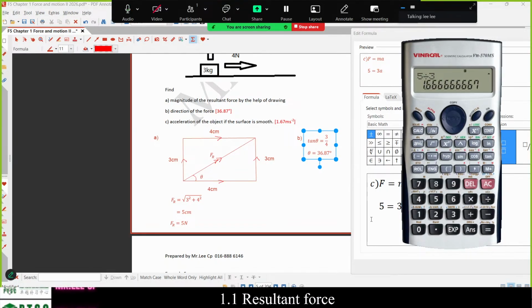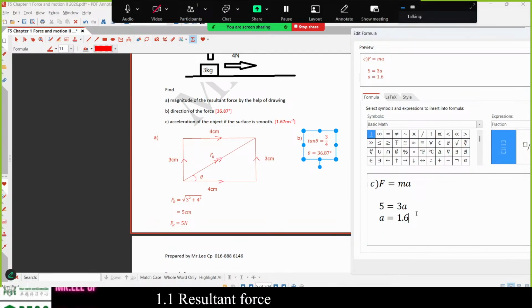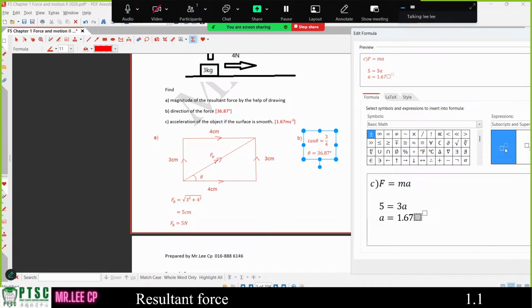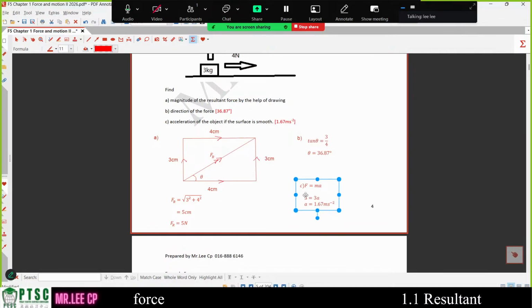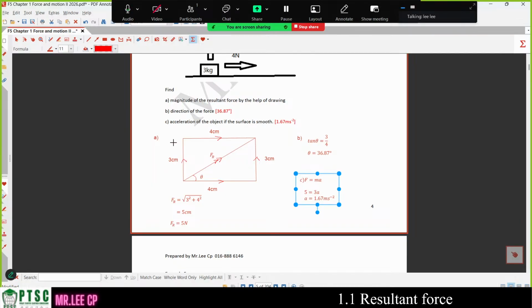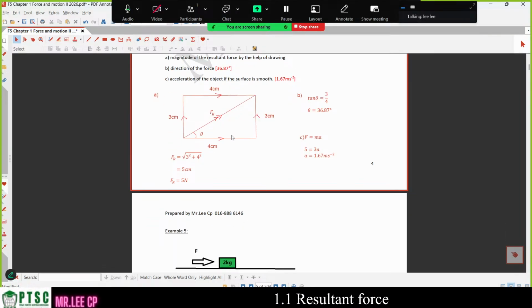Answer is 1.67. Unit is m s^-2 for acceleration. Alright, so this is the answer. This kind of question is less likely to come out in SPM because there is no place to ask you about this kind of question. So you don't need to focus on this one.